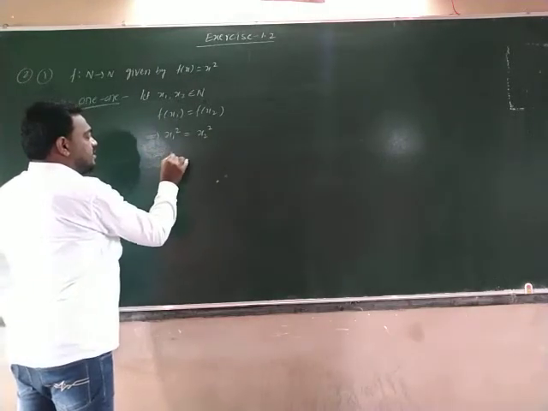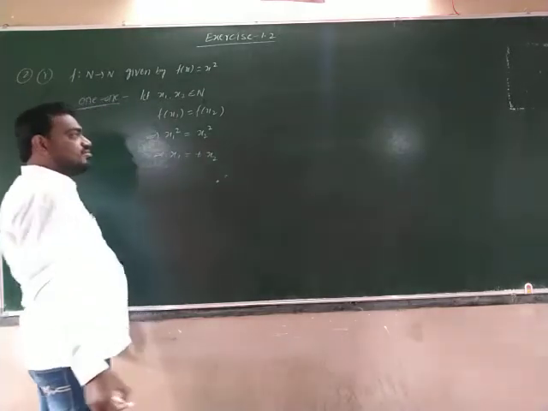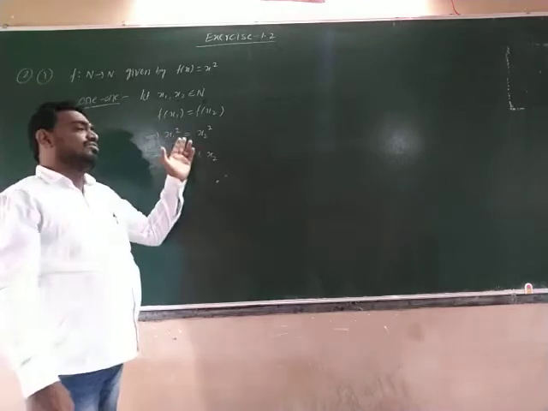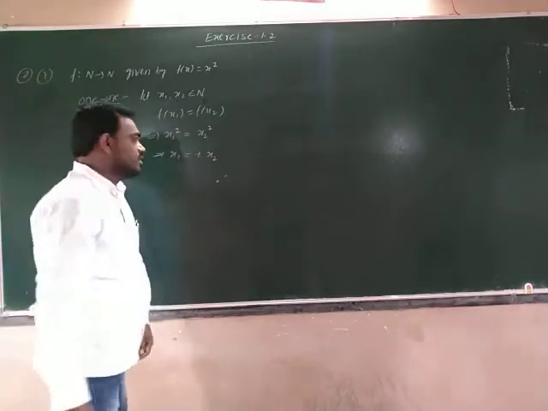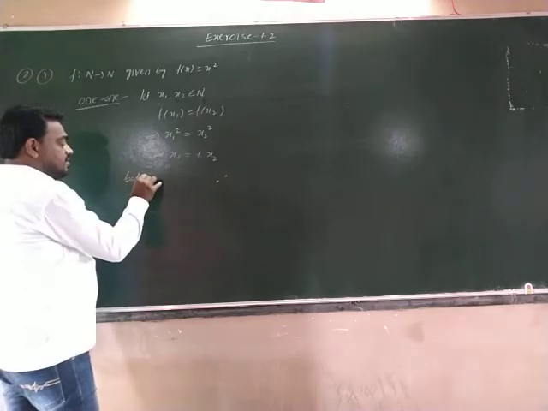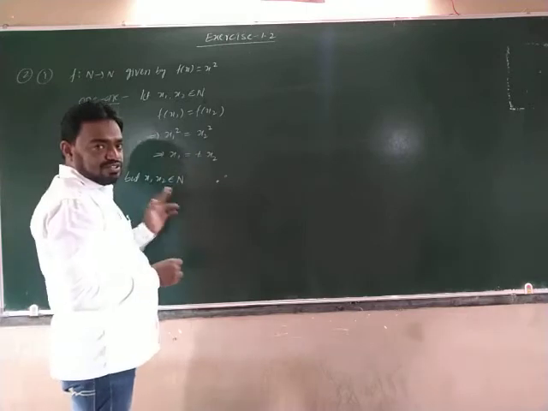That implies x1 is equal to plus or minus x2, if we remove the squares, otherwise we are applying the square root, we are getting plus or minus. But here you see that x1, x2 belong to N, means positives only.